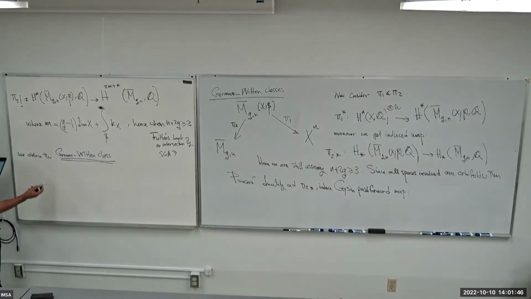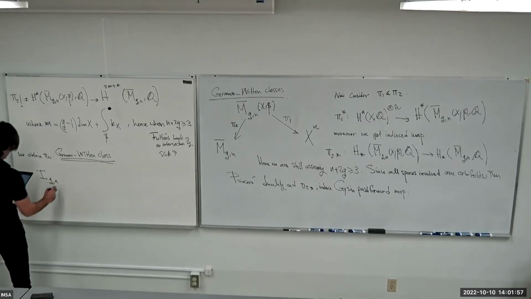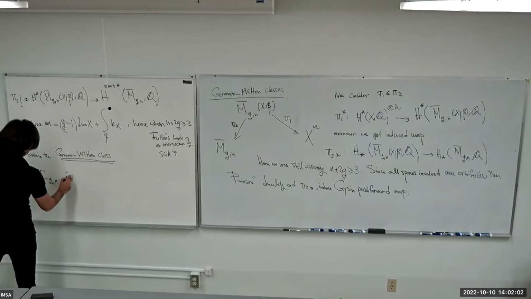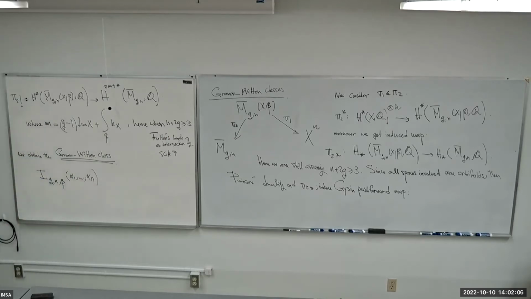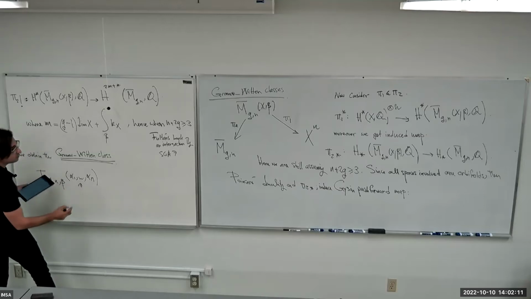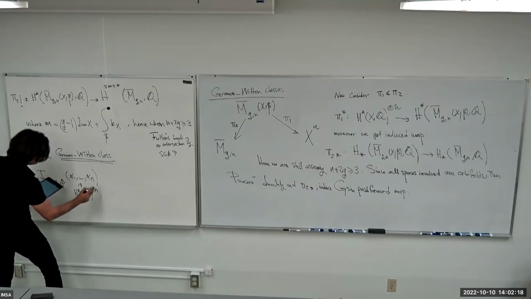So then this gives you literally the Gromov-Witten class. So what is it? It's a class I'm going to call I. It depends on the genus of the curves. It depends on how many points on the curves there are. It depends on the homology class of the curve, because it depends on these spaces. And it depends on a tuple of n elements. These n elements are members of the cohomology of X with rational coefficients, n times.